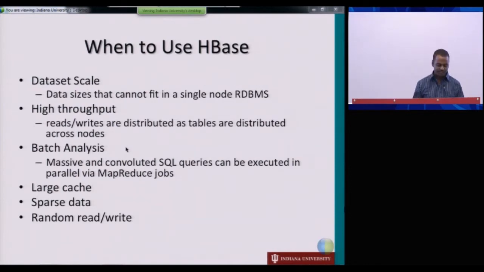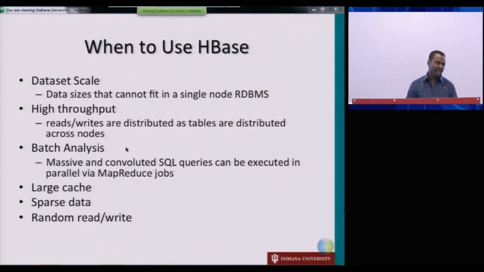When to use HBase? Especially when you have very large data, and when we're talking about these data scales, we're talking about hundreds of gigabytes. If your data can fit into a single machine, a single fat node, and can be put into a single RDBMS, then it's probably not a good idea to go ahead with HBase. On the other hand, if your data has the potential to go to hundreds of gigabytes, terabytes, or even up to a petabyte, then HBase would be an ideal candidate.